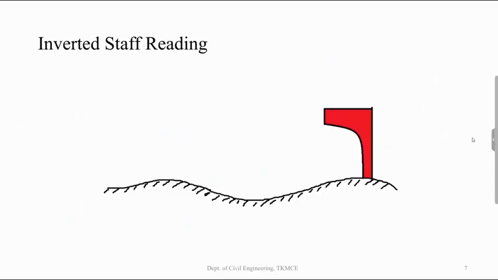Now we have one more case, when sometimes the leveling staff is inverted in leveling work to get the reduced level of any top point, suppose a ceiling point or bottom of a roof, etc. Then inverted staff reading is generally taken. You could see I have set up the instrument over here, done the leveling, done the initial setup, which means now the line of sight is perfectly horizontal.